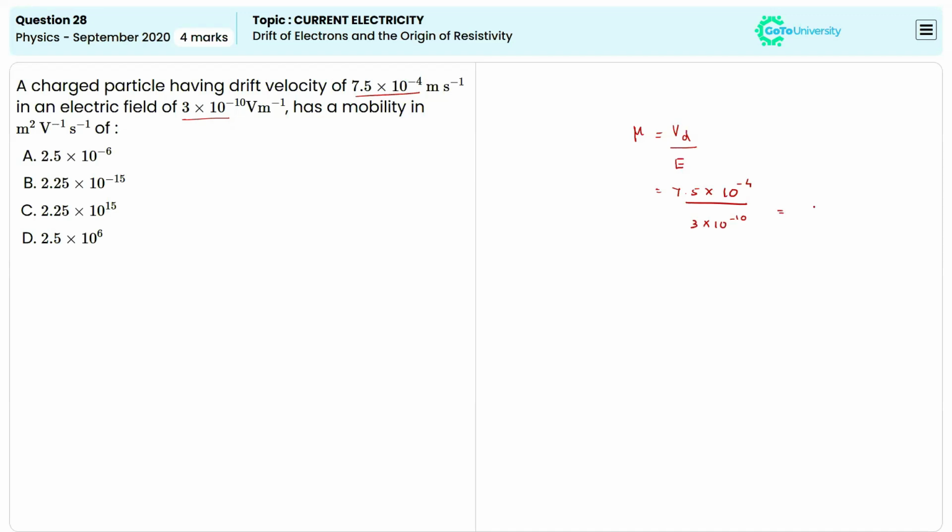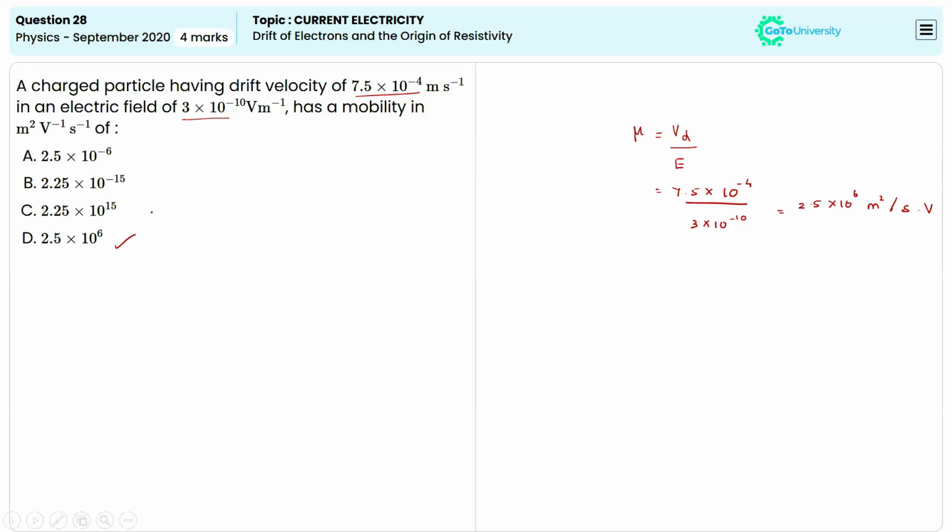When we simplify this, we get 2.5 times 10 to the power 6. The unit of drift mobility in terms of drift velocity and electric field is meter square per volt second. So the correct answer for this question is option D only.